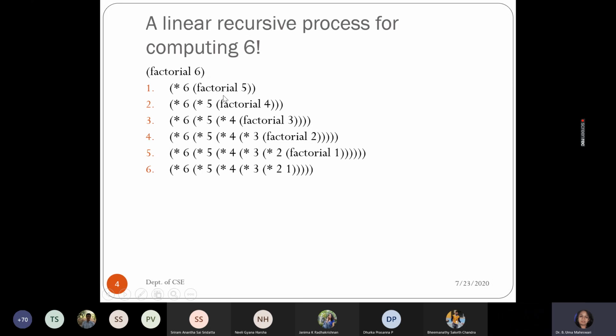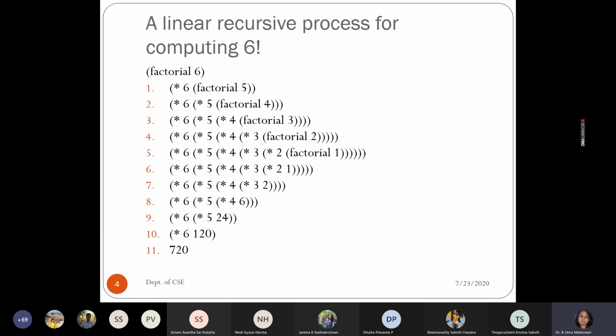It is calling the function many times, and you get an expanded expression. And then, due to the substitution model, it is contracted. The expansion is contracted, and finally you get a single value. So expansion and then contraction is the shape.